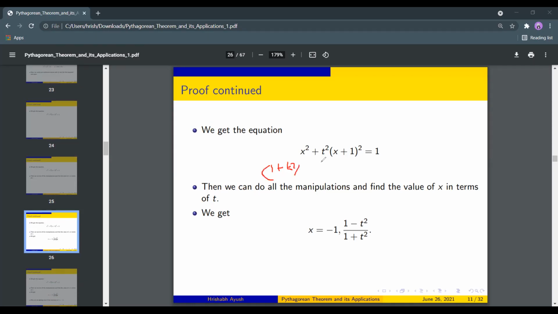This is (1 plus t square) times x square plus 2t square x plus (t square minus 1) equals 0. And you'll see that we are not interested in this solution. Can anyone think about why we aren't interested in that?